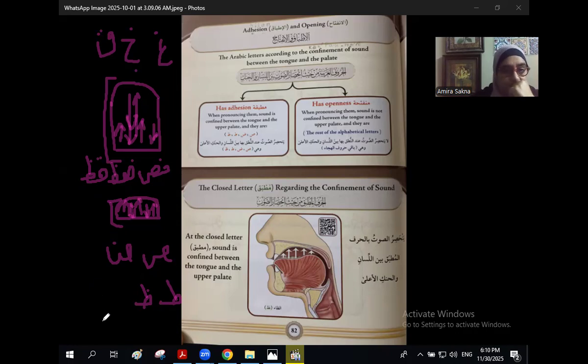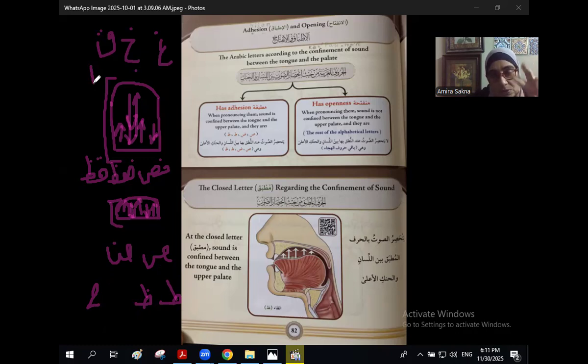Okay? Very well. My dear sisters, so both ta and za have two strong characteristics, which are that they are elevated, مستعلي, and مطبق, having adhesion, while غين and kha and qaf have only one strong characteristic.